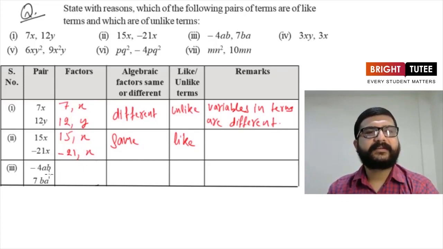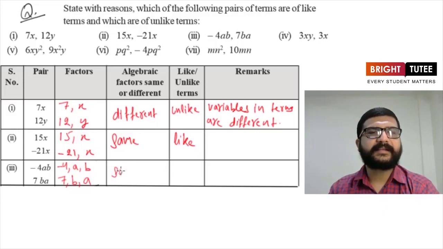And then we'll have minus 4ab. So factors are minus 4, a and b. And then the second term is 7ba. So factors are 7, b and a. If we observe carefully, algebraic factors are a and b in the first term, and in the second term it is b and a. They are same only.